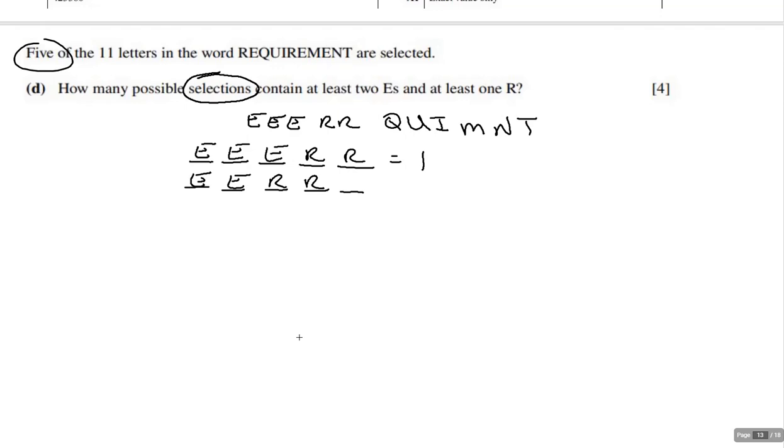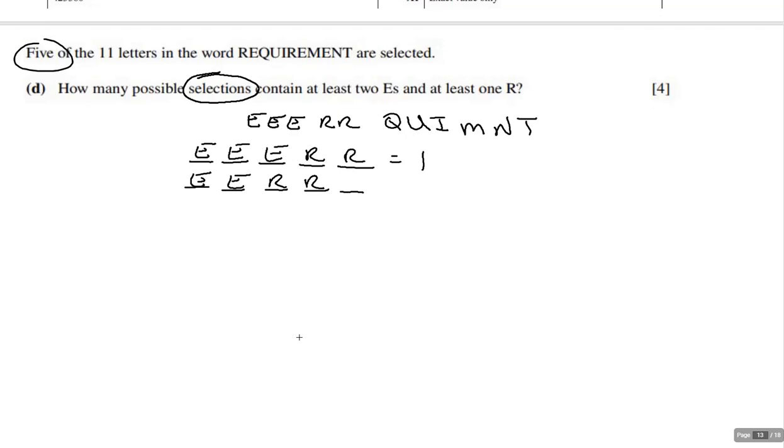Now, what do I do for this last empty spot? What cannot go in this last spot? An E or an R? Because what's happening is we're designating this scenario. What's happened in this scenario? In this scenario, there are 3 E's chosen and 2 R's chosen.